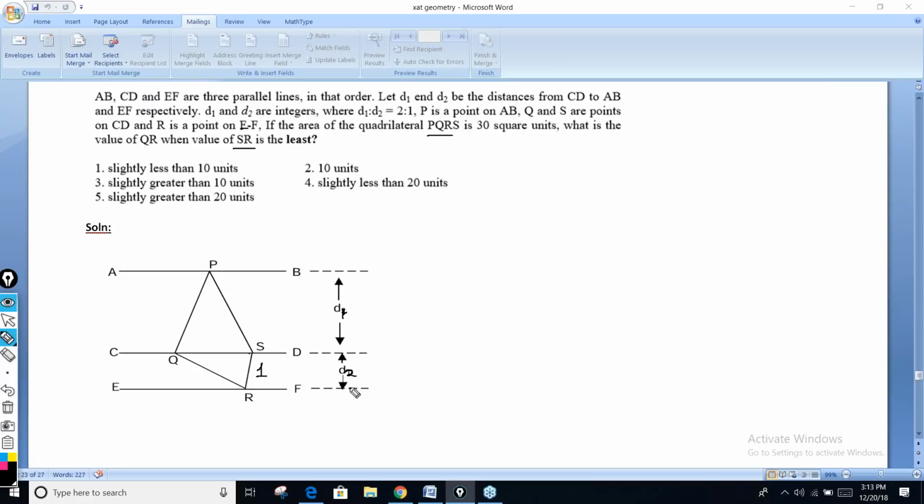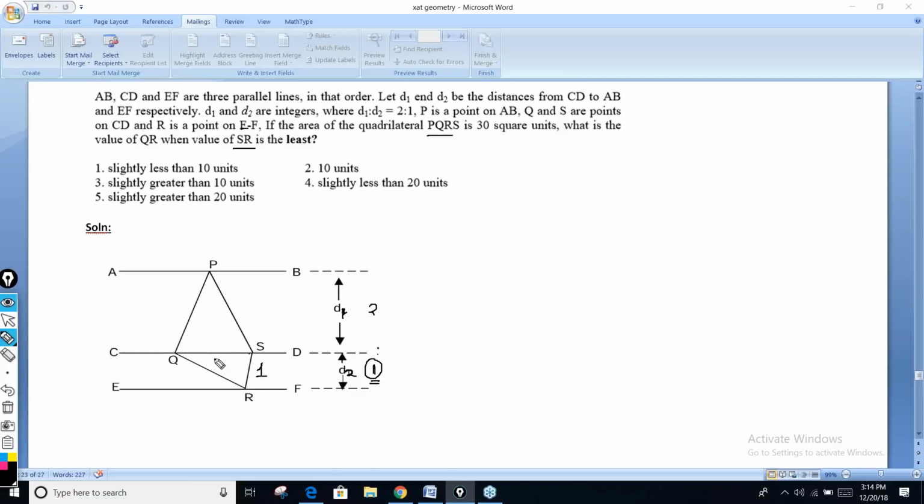If D1 and D2 are integers and this is the least, obviously this ratio is 2 is to 1. What is the least value D2 can take? D2 is basically the distance. If we need to take it minimum, I can take it minimum as the perpendicular distance. That can be only one.